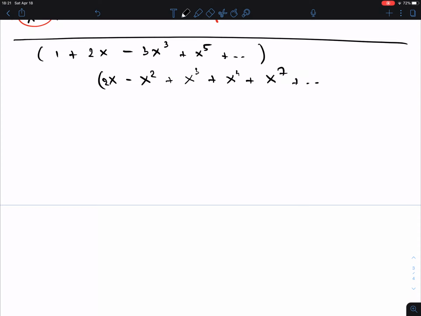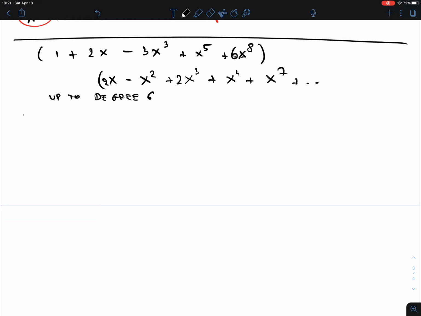No, let me make this a 2 here also, and let me put one more term here, plus 6 times x to the 8th. So let's do everything up to degree 6 again. It's a lot of work, but I want you to see how things work, okay?